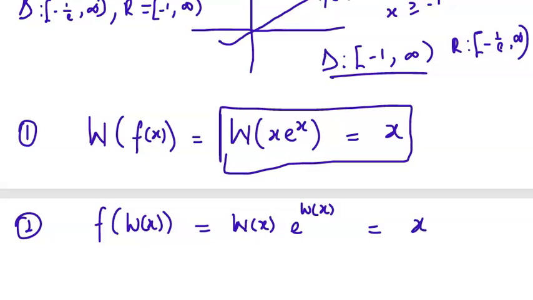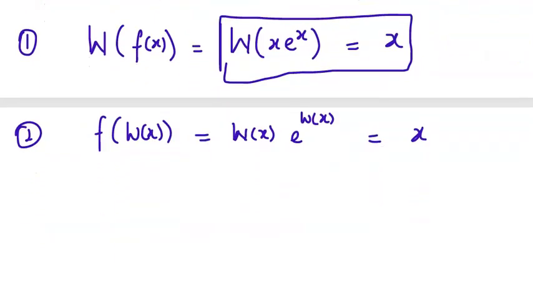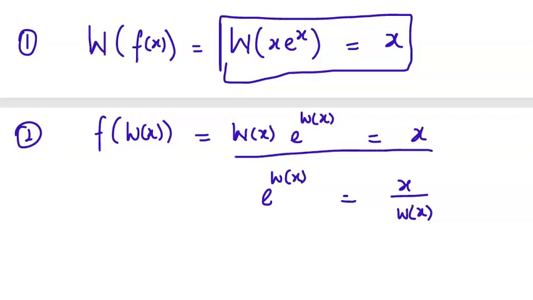Wow, interesting. If you divide both sides by W of x, you will find out that e raised to the power of W of x is equal to x over W of x. So you can see these nice properties, okay? We generated this one from this one, right?